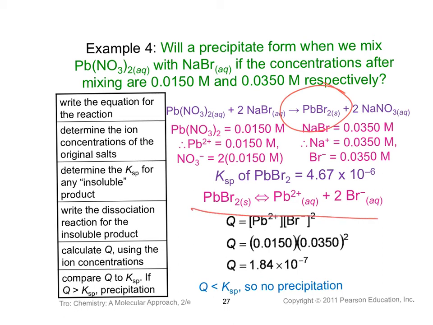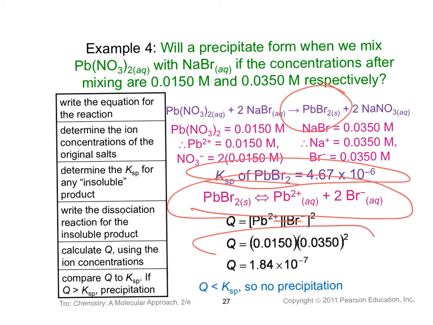Here is then its resulting equilibrium. The Ksp is given here. And if we solve for these conditions and compare this 1.84 times 10 to the minus 7 to 4.67 times 10 to the minus 6, the Q is actually less than the Ksp, and so this will not precipitate.